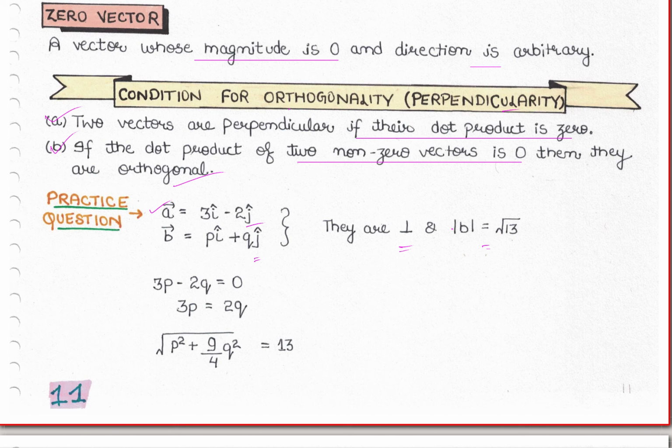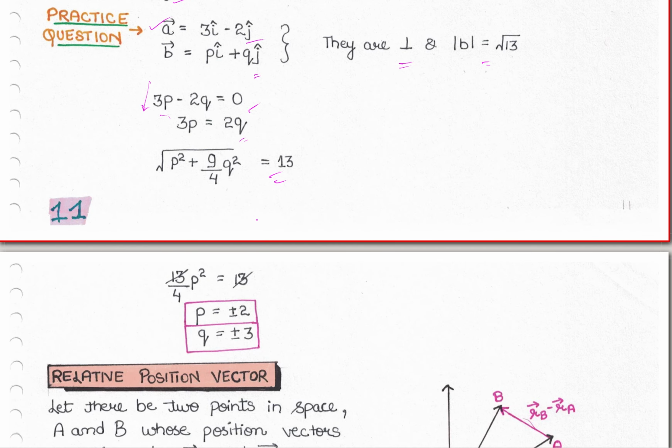And how do we get this? We get the dot product is 0 if they are perpendicular. So doing this, we can find 3p minus 2q is equal to 0, that is A dot B, and 3p is equal to 2q, and square root of this is equal to 13, and finally we can find p is equal to plus minus 2 and q is equal to plus minus 3, and then we can verify this and this.